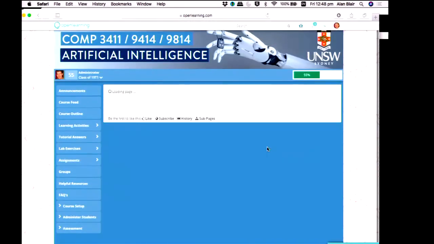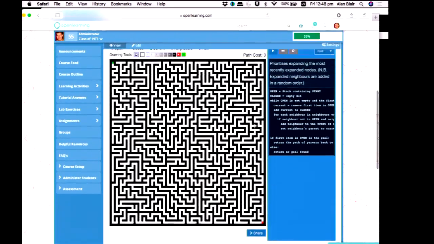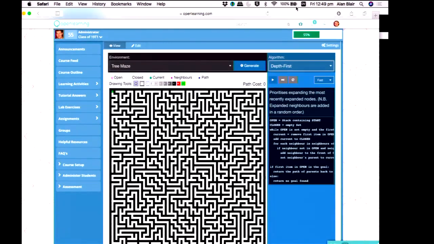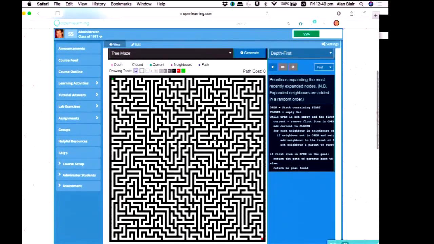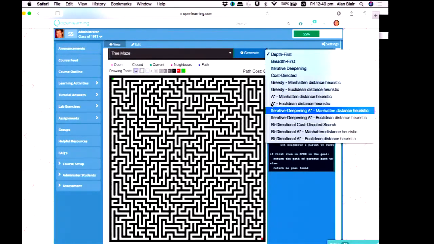The one in the informed search gives you more options, so you can choose iterative deepening search and A-star search and so on. You can have a play with this. If not this week, try to do it next week.